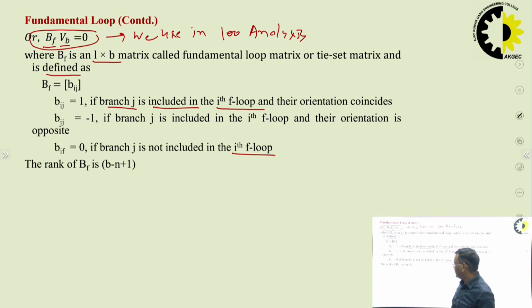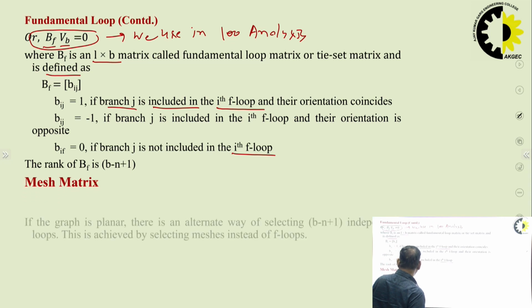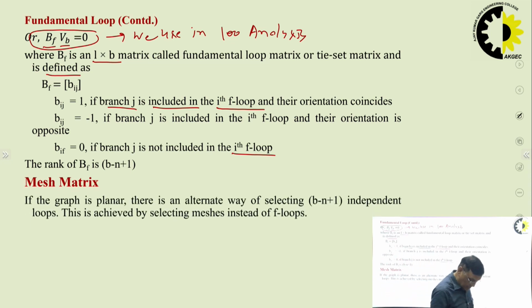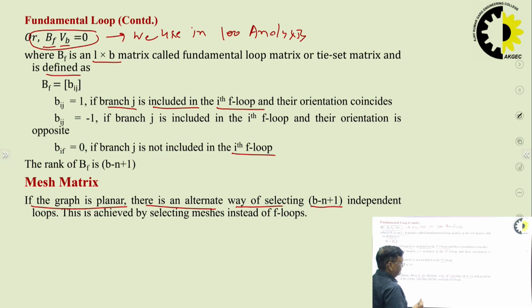The rank of the fundamental tie set matrix is b minus n plus 1. Now come to another matrix, the mesh matrix. What is a mesh matrix? If the graph is planar, there is an alternate way of selecting b minus n plus 1, the number of independent loops, and this is achieved by selecting meshes instead of fundamental loops.